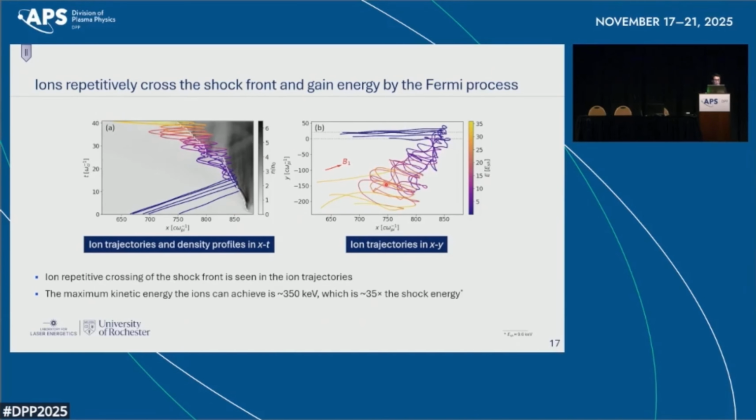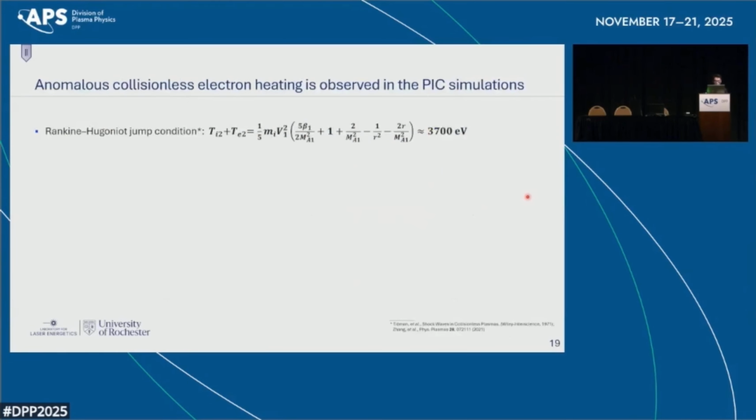The color here indicates the energy of the particles. On the right-hand side, I'm showing you the ion trajectory in continuous 2D space. This ion's repetitive crossing of the shock front is observed, and the maximum energy this ion can achieve is about 350 keV, which is about 35 times the shock energy. That's quite impressive considering we are only simulating a short period of time.